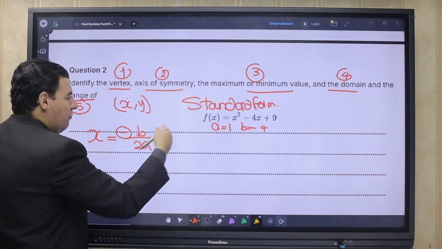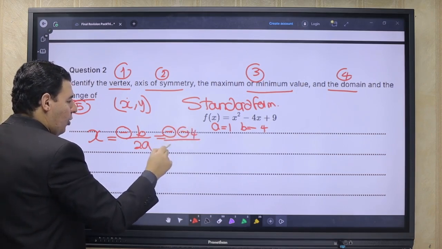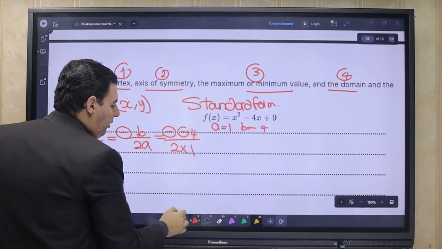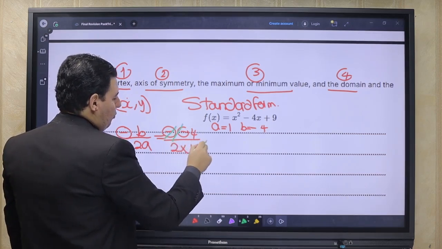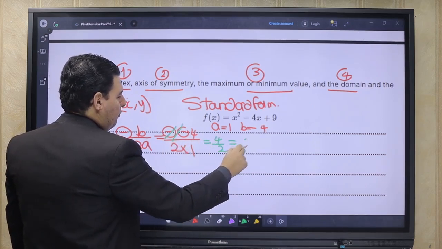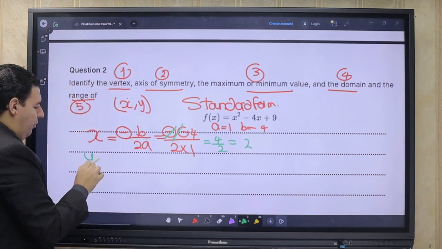So substituting for a and b here in this x, it will be -4 over 2 times 1. Negative, positive, 4 over 2, it's equal to 2. So x here equal 2. I want the value of y.